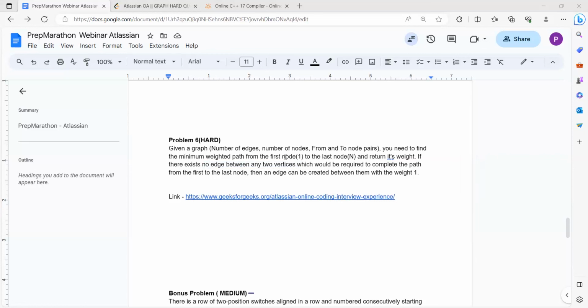We need to start from the first node and go to the last node. Yes, it is a single source shortest path.